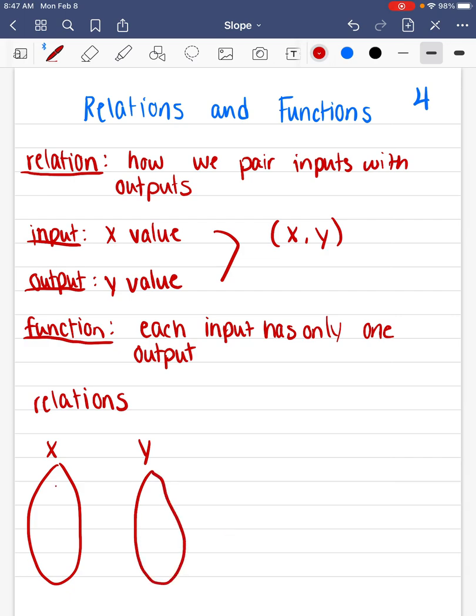So for here, our X values are going to be 0, 1, 2, and 3, and our Y values are going to be -2, 1, 2, 4. And then the mapping is going to show us how each of our X values is paired with the Y values. So the first one says that 0 is with -2, so that would be the coordinate 0, -2. But 0 is also paired with 1.